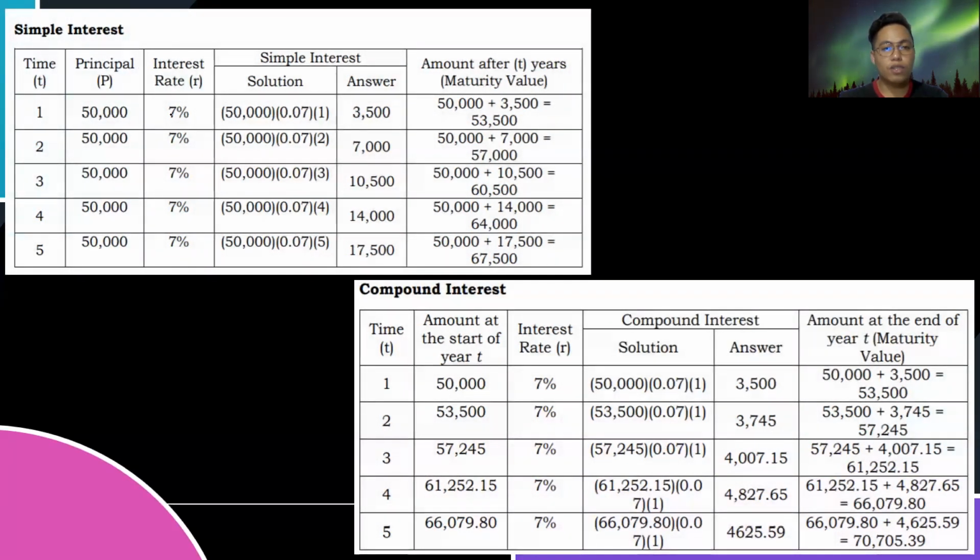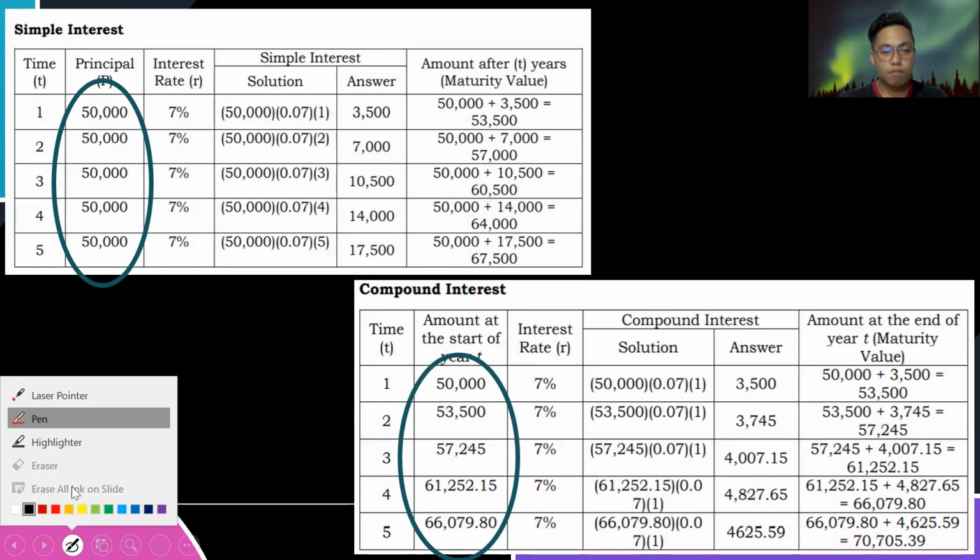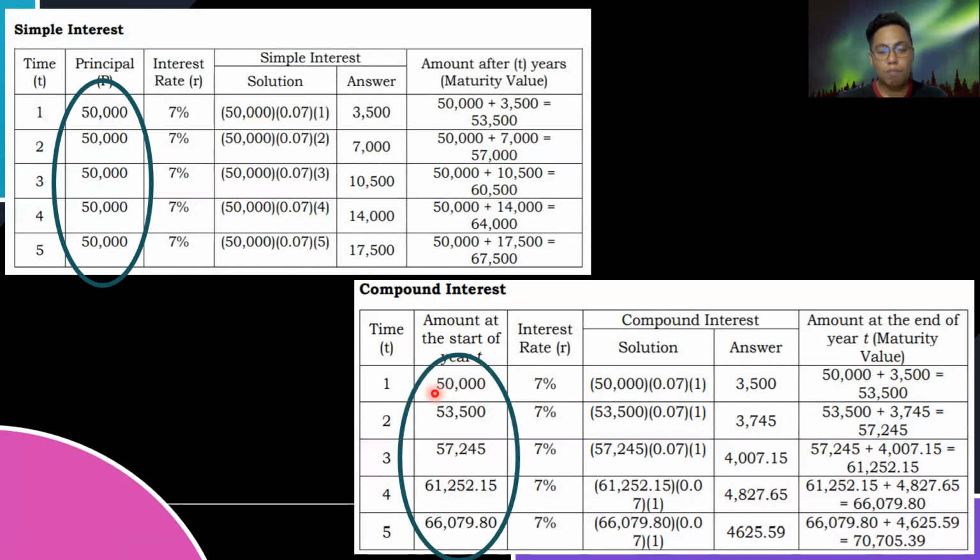You observe that on simple interest, the principal amount is constant from the first up to the fifth year. That's 50,000 pesos. Well, on the compound interest, you can see that the 50,000 pesos in the first year became 53,500 in the second year. How come?